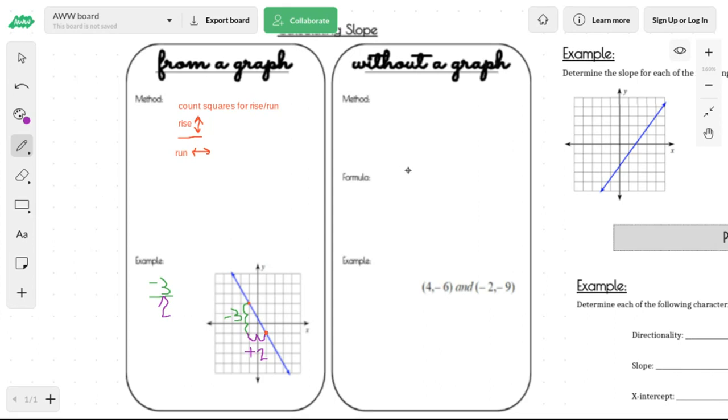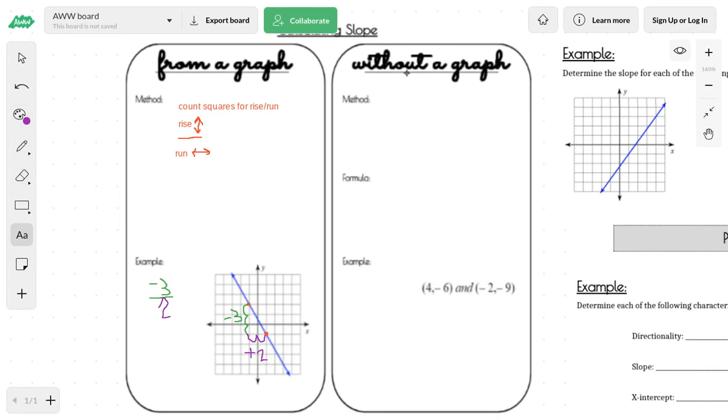So then what happens when we don't have a graph? Well, if we don't have a graph, we're usually trying to find it from some given points. And so our general method is to use the slope formula. The formula is just something that you'll need to know. Most of you probably remember it from middle school.